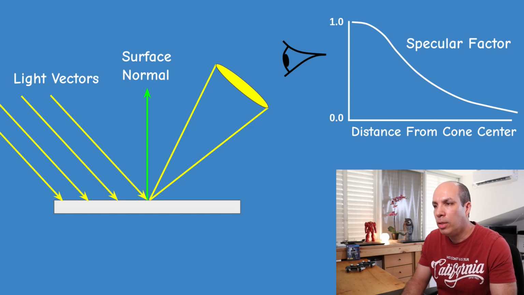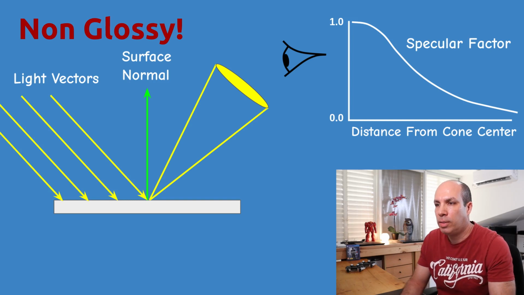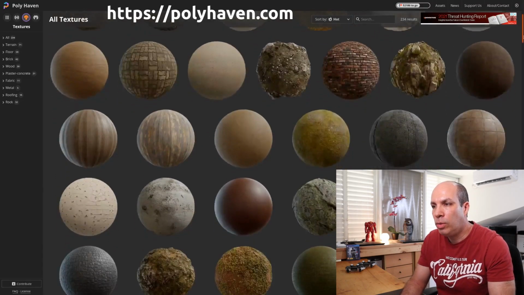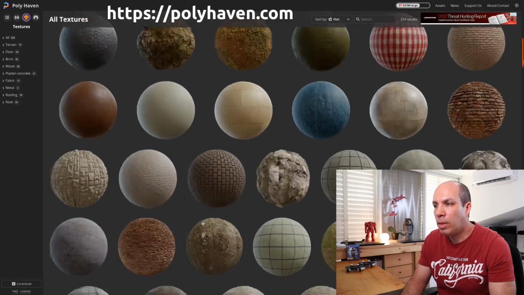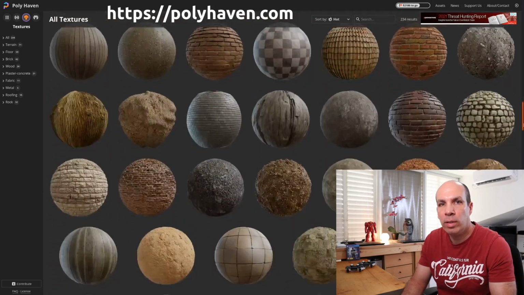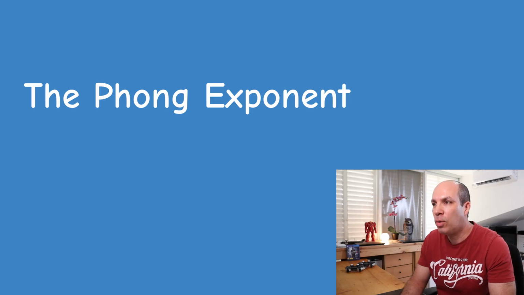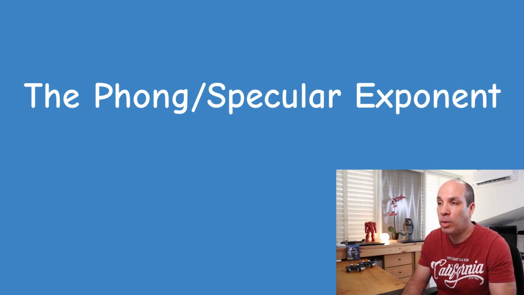If the material is more glossy, we want a gradual decrease of the shininess. An expert modeling artist will use this capability to mimic the behavior of common materials from the physical world to enhance the realism of the 3D scene. To do that, we add yet another control knob into the formula called the Phong exponent, or the specular exponent, or the specular power.